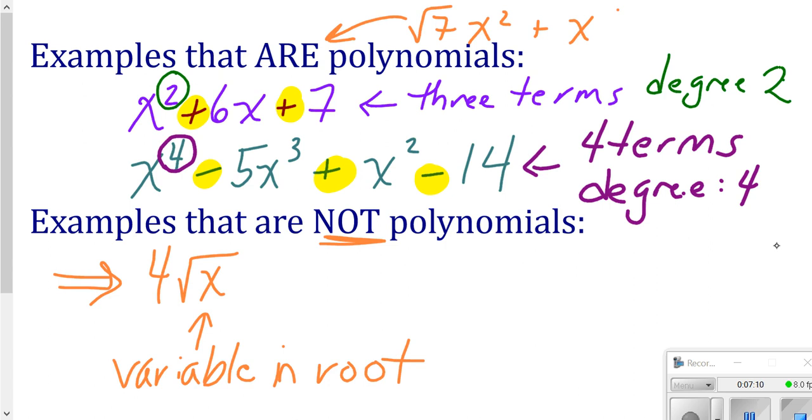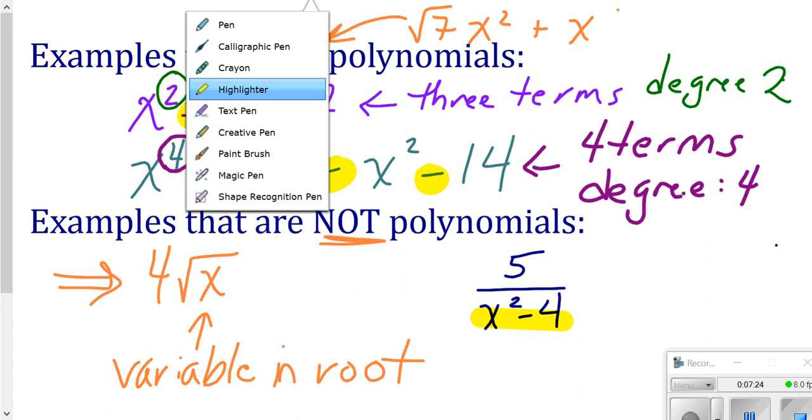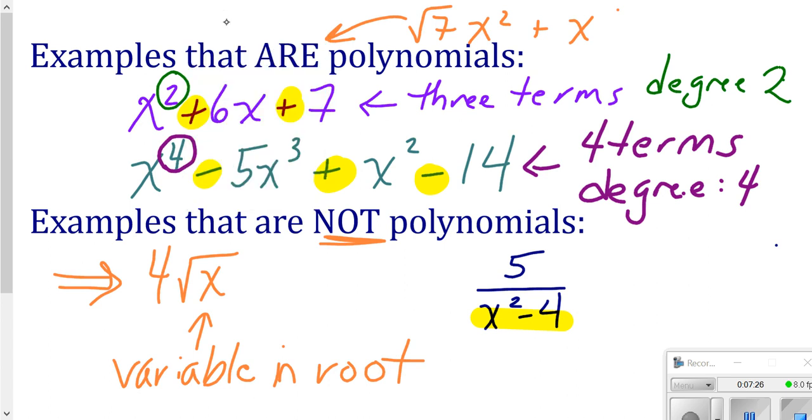Another thing that you would see in math, but you wouldn't call it a polynomial, is if you had something like this, okay? So the bottom on its own would be a polynomial. So if I just had x squared minus 4, that is a polynomial. However, if that x squared minus 4 is in a division problem, remember that a line like this means division. Okay, that's a division sign.